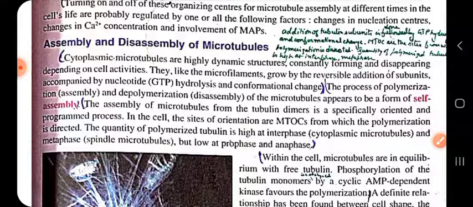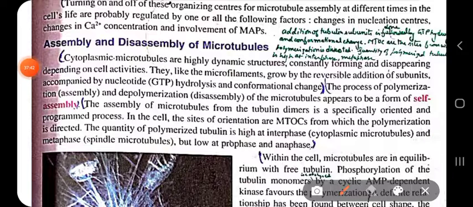So, with the help of GTP hydrolysis and structural change in the microtubules, they lead to the addition of the tubulins. Well, I have spoken about the microtubules before.